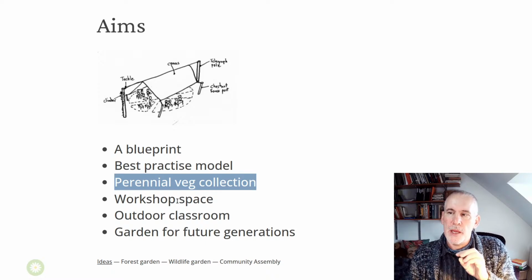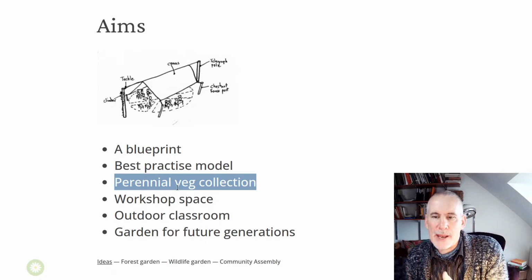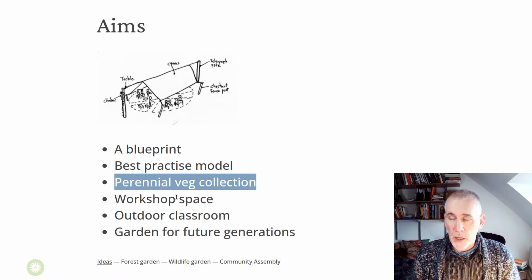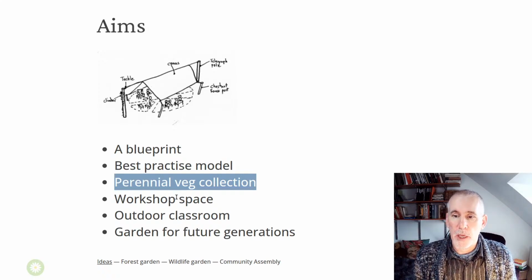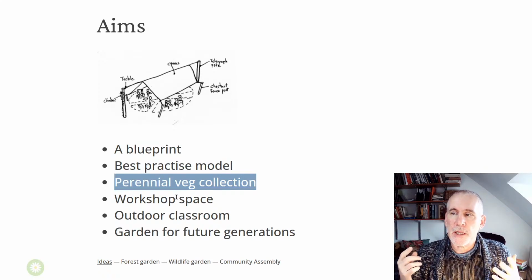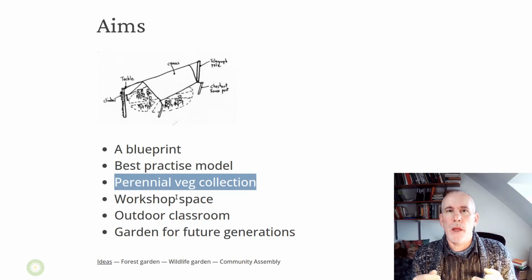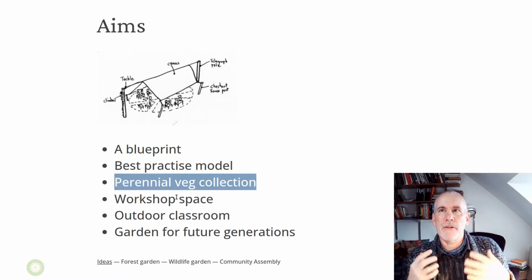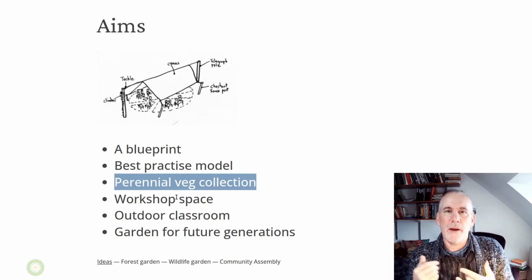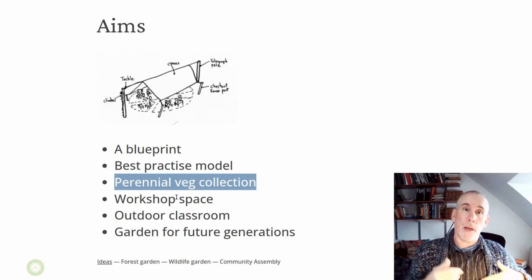Really, for me as well, the perennial veg collection is very interesting. As the work is done, these different elements are coming to the fore, and I'm thinking of it like a library. What I think is fantastic is you have a perennial plant library, where people can come and take cuttings.